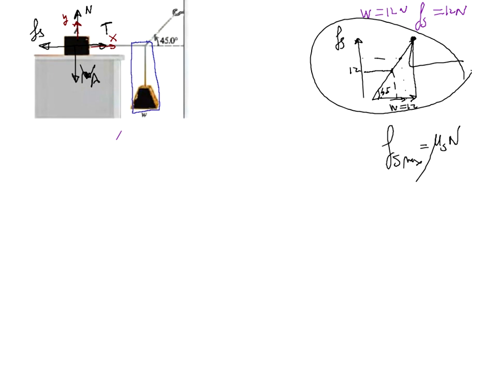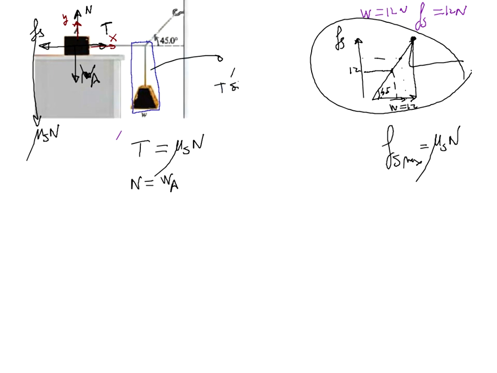So really then the only thing that matters is this becomes mu S N. That's the only change, right? The equations are all the same. T is equal to Fs, which is now equal to mu S N, and N is equal to W A. What was the equation we had?